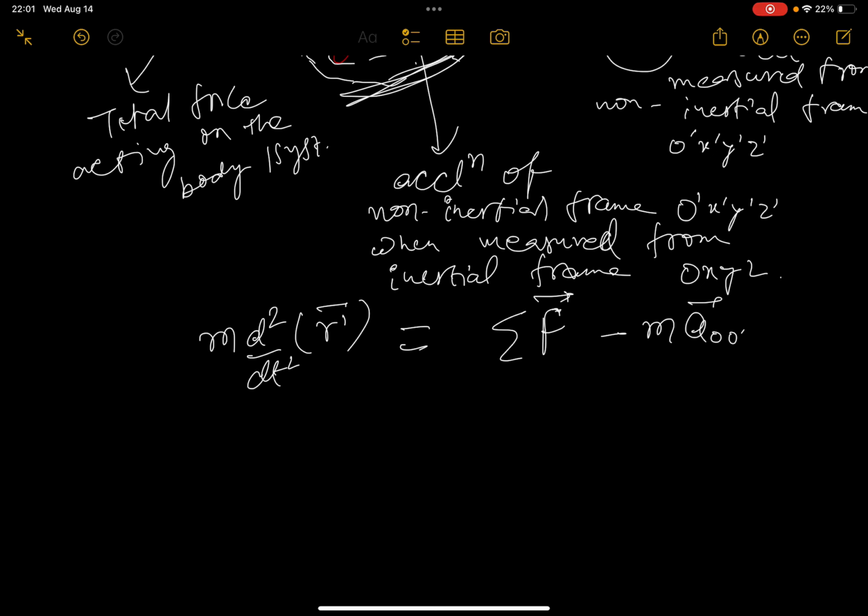This is something like an additional force, which we'll call pseudo force.